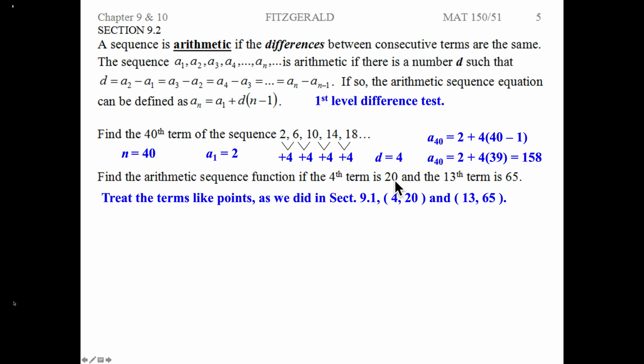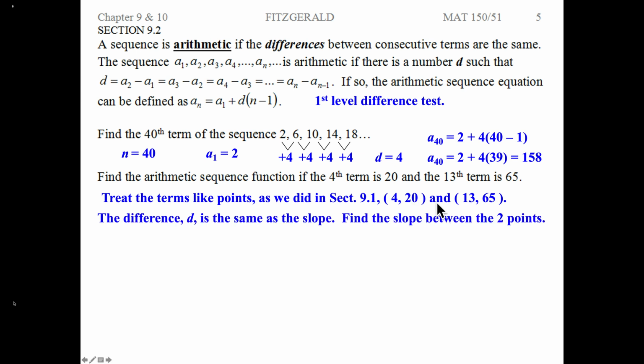So if the 4th term is 20, that's like saying, oh, x is 4, y is 20. That's your first point. Second point, x is 13, y is 65. That's the second point. We kind of showed this in our last video, 9.1, where we're making the t-chart of the values.